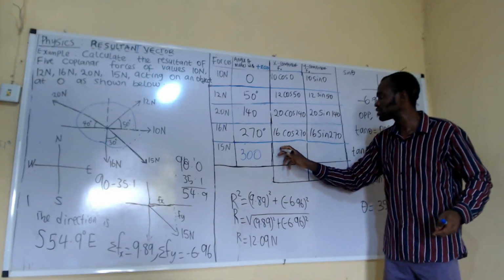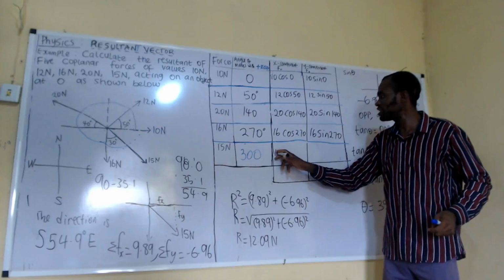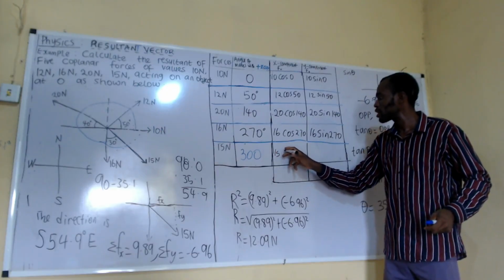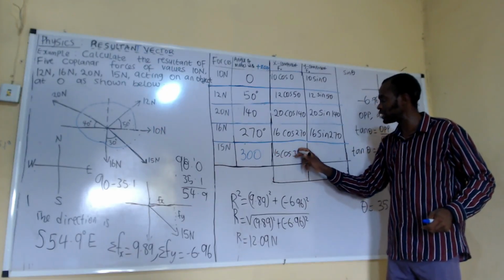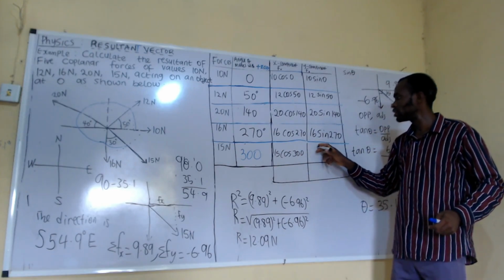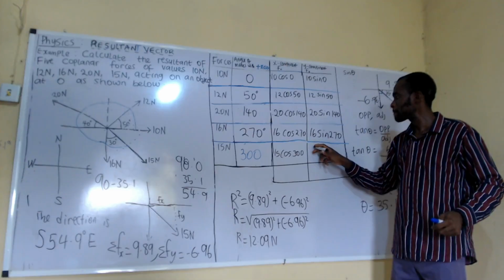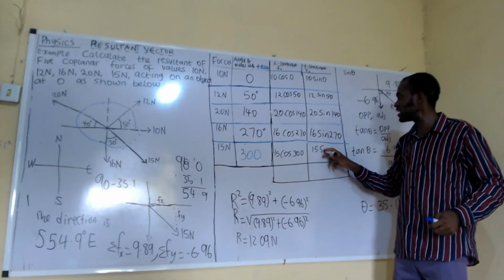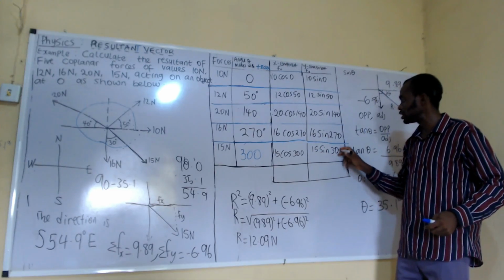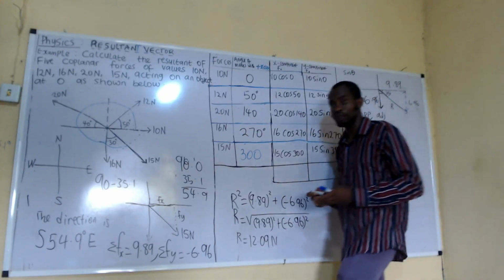This is 15 cos 300, and this is 15 sine 300. So I'll just write out the values quickly.